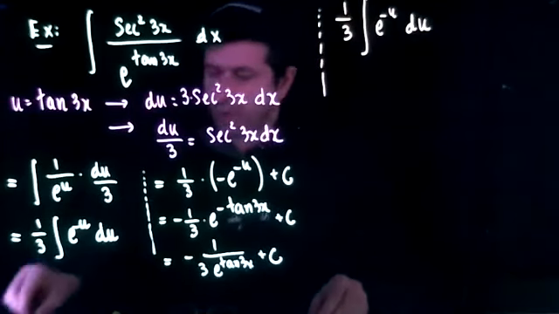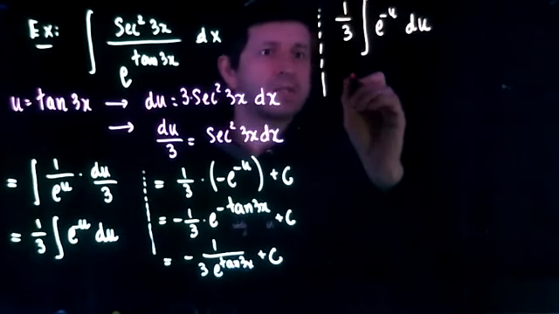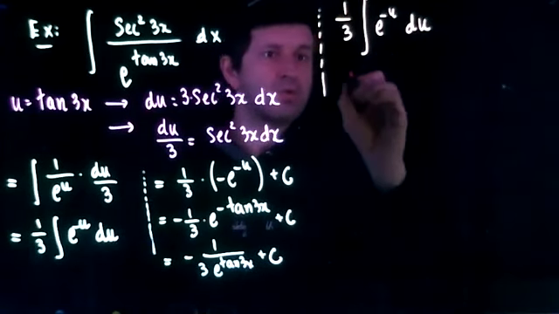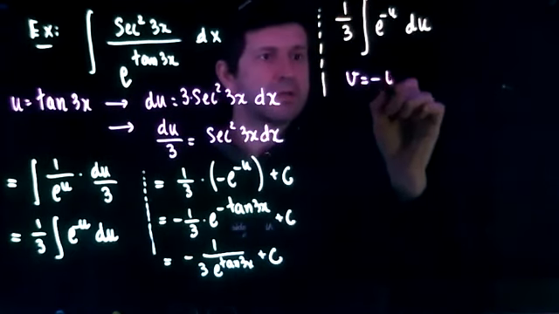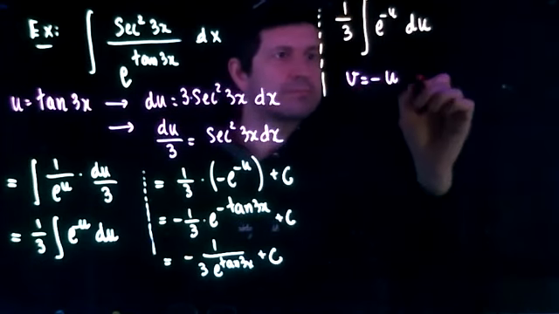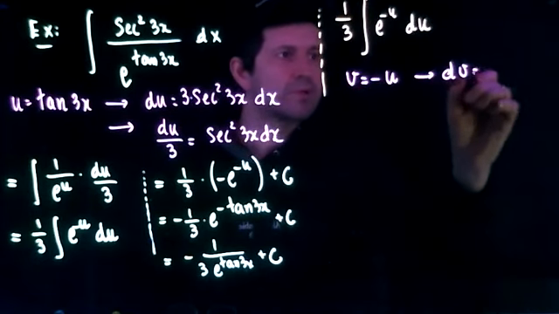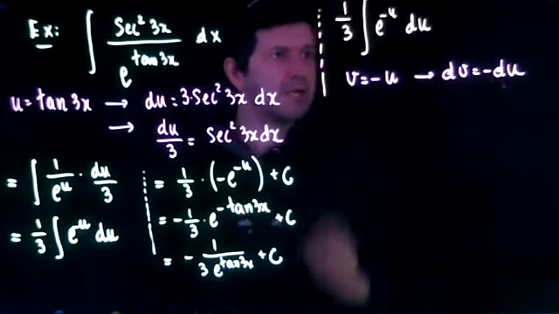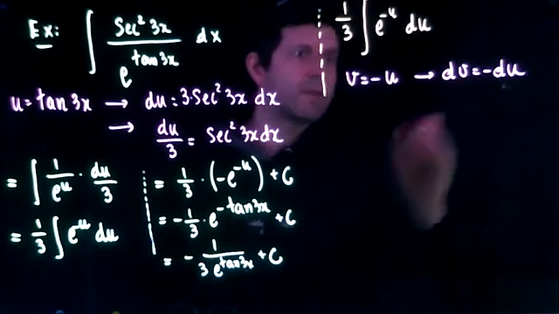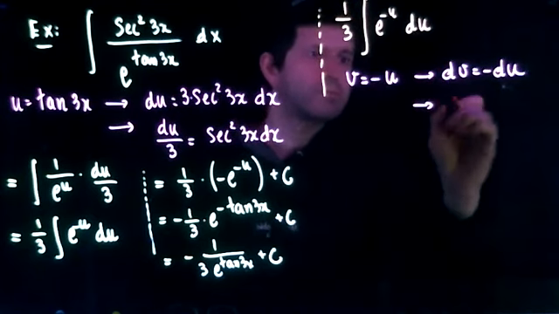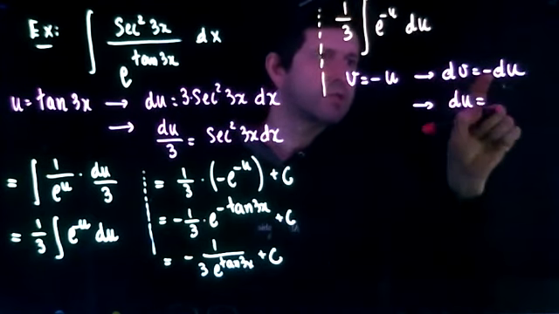I will do a substitution here. I already used u, so I'm going to use v. So v is negative u, so dv is negative du. You with me? Yeah. And so du is equal to negative dv.